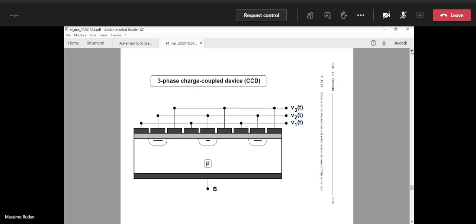So it is like a delay line. The same packets eventually will come out on the right after, say, 1,000 steps, with a delay of 1,000 times a specific time, the transfer time, okay?